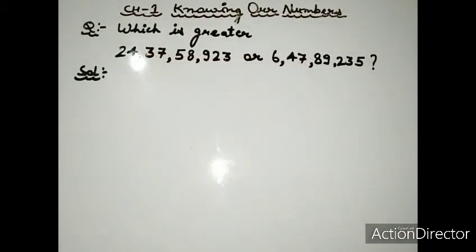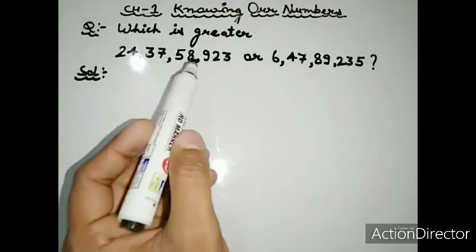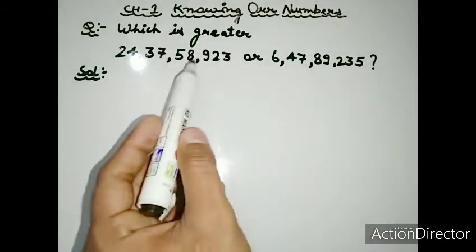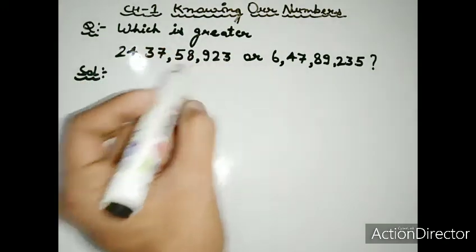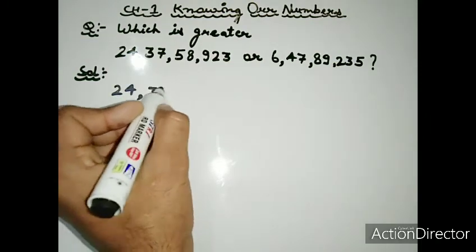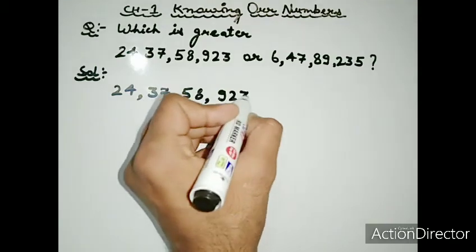Now here we compare the number and find which is greater. So there are two numbers given here, and these numbers are in the Indian number system. So first we write the places of these numbers: 24 comma 37 comma 58 comma 923.